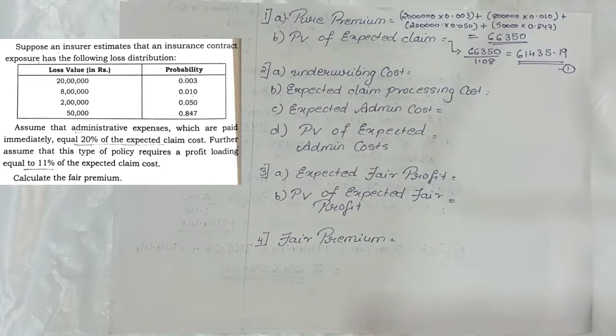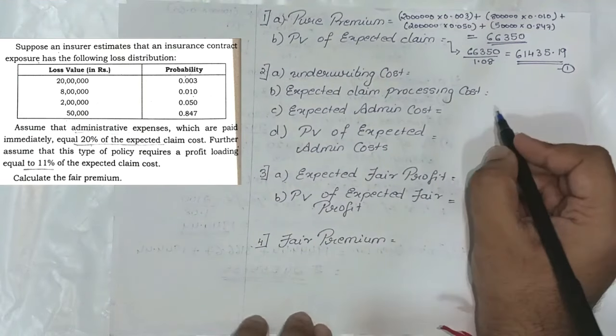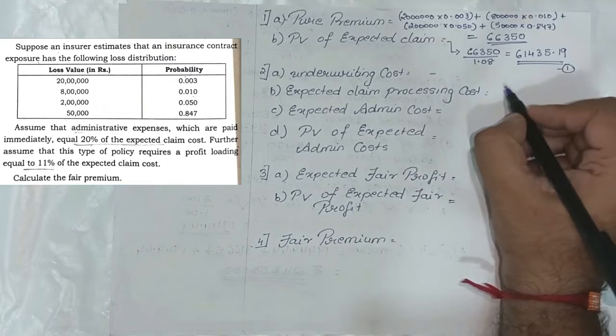Expected claim is nothing but the pure premium. Our expected claim was 66,350, and of that we have to take 20%, which comes to 13,270.